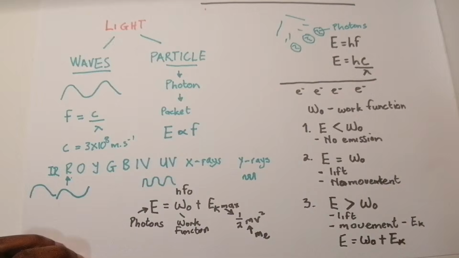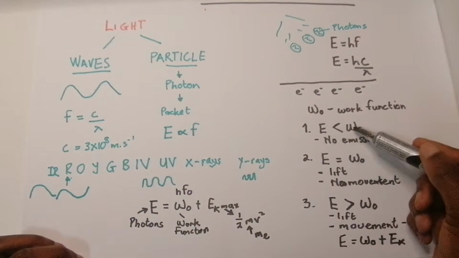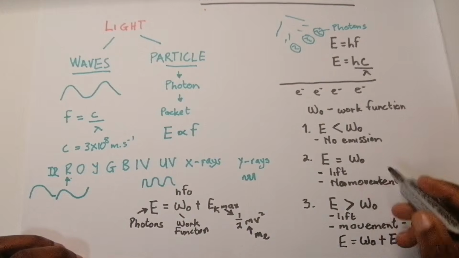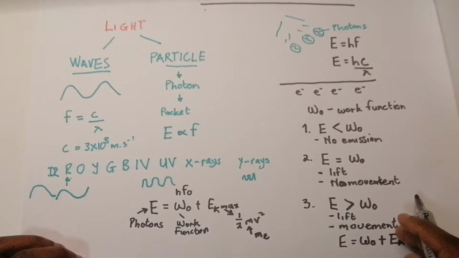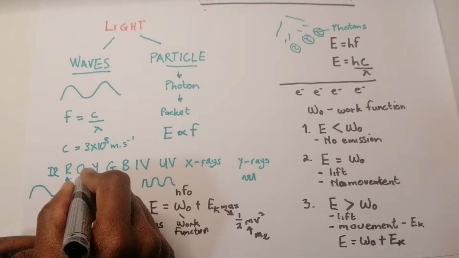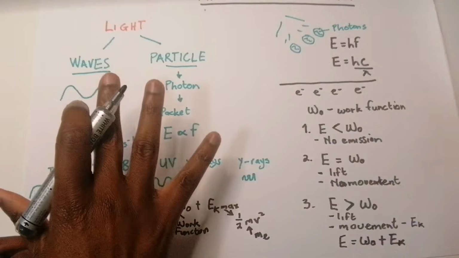I want to make an example for you quickly. Suppose we take red light and we shine it onto this metal surface. And we realize nothing happens with red light. What does that mean? It means that the energy of red light would be less than the work function of the metal. And then we use orange light. Say the same thing happens, and we realize no emission takes place. And then all of a sudden, when we take yellow light, the electrons lift.